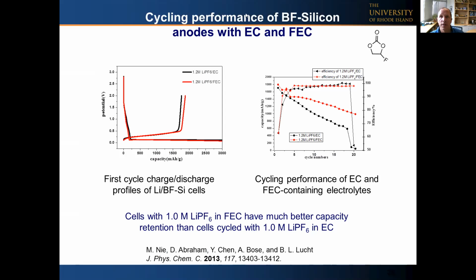So we did an investigation of binder-free silicon electrodes, and once again, similar to our previous study with graphite, these investigations were conducted in a simplistic two-component electrolyte, LiPF6 and EC, or LiPF6 and FEC, and no other components. And what we observe is significantly better capacity retention with the FEC-based electrolyte than with the EC-based electrolyte. So what we want to do is go back and characterize and understand how these changes in performance relate to the changes in the solid electrolyte interphase.